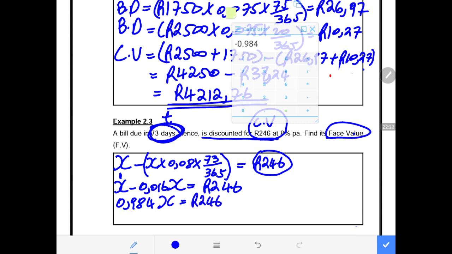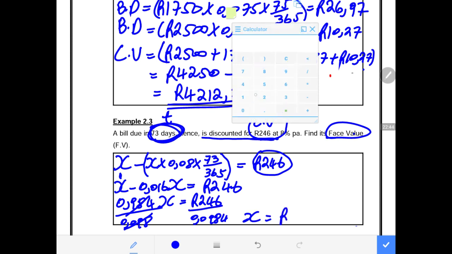So we divide by 0.984. Whatever we do here, we do it on the right side. We divide by 0.984. Then our x, which is the face value of the bill, will be the answer that we get.